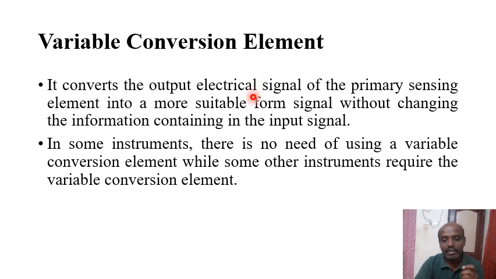One thing to keep in mind is that while converting this input information into another signal, we must not change the information contained in the input signal. That means the actual original information should not be changed. That is the more important point. Some instruments don't need the variable conversion element, and some instruments do. Few instruments require the variable conversion element.